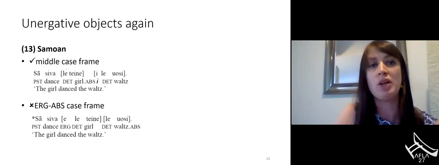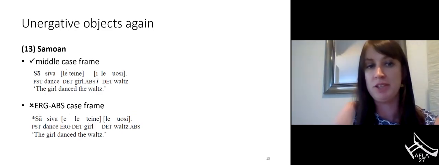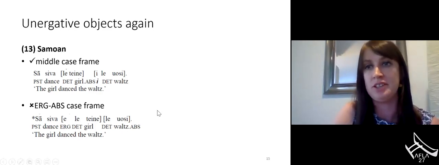Because in Samoan, when you transitivize an ergative, you're following the middle case frame, the girl danced the waltz. Speakers really do not like the ergative absolutive case frame with a transitivized ergative. So the example at the bottom left here is rejected, it's out.